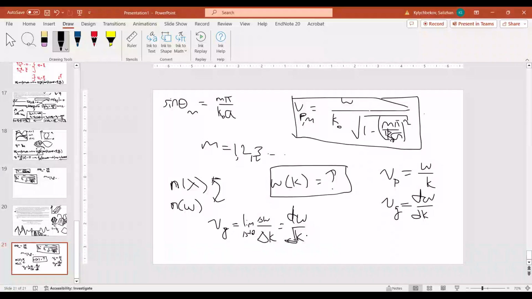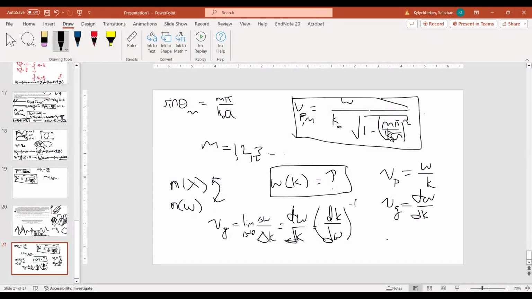It's just equal to the inverse of dk over d omega.